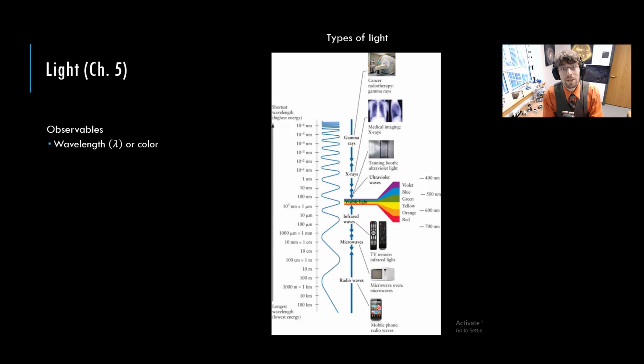So what we do instead is we use a term called wavelength. You can think of light as being a wave, and the wavelength is the distance between two adjacent peaks. You could also define it as two adjacent troughs, or even more generally, it is the distance required for the wave to repeat.